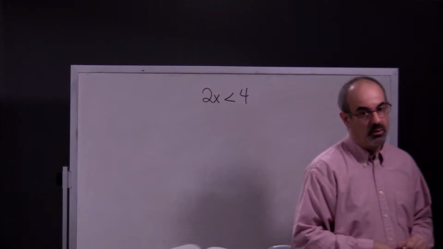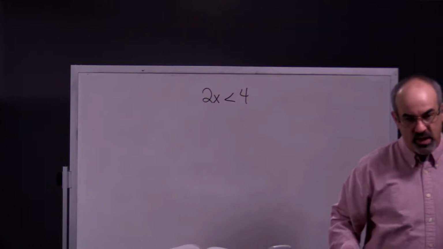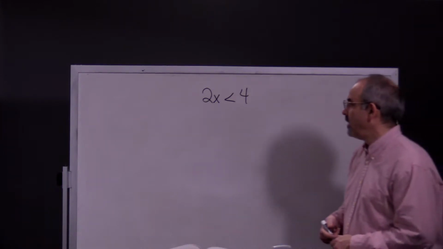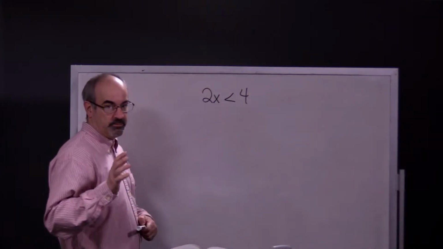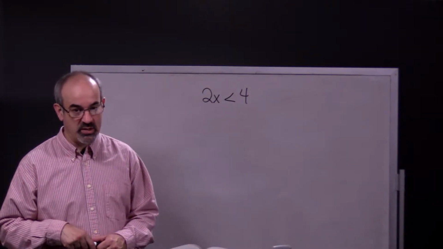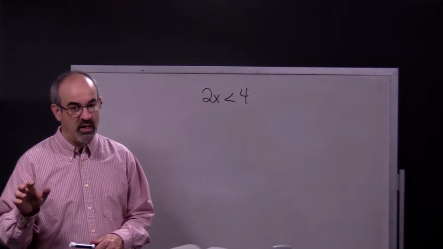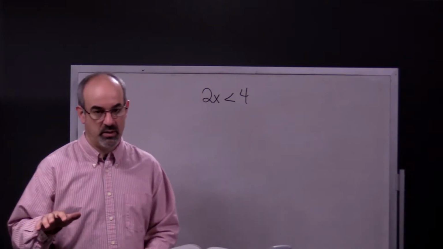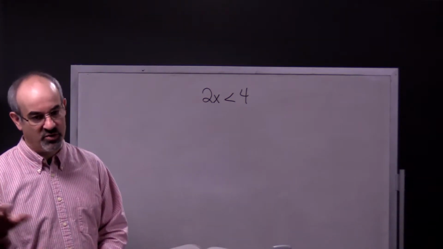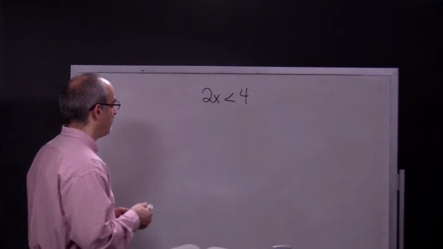X would equal 2. Well, this isn't an equation, it's an inequality. Okay, there's going to be more than one answer. But you can do them the same as an equation. You just have to remember that if you ever divide or multiply by a negative number, you have to flip the direction or change the direction of the inequality.